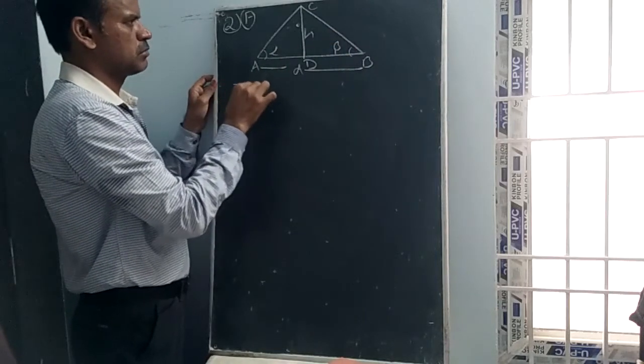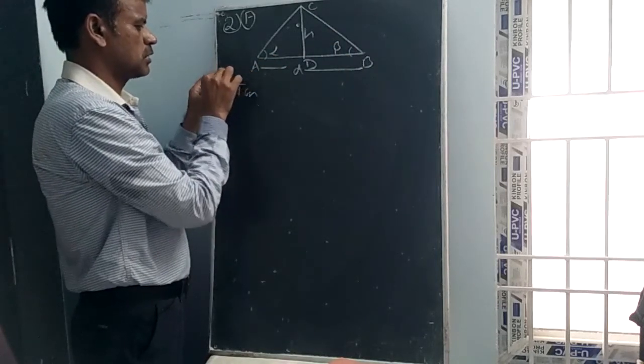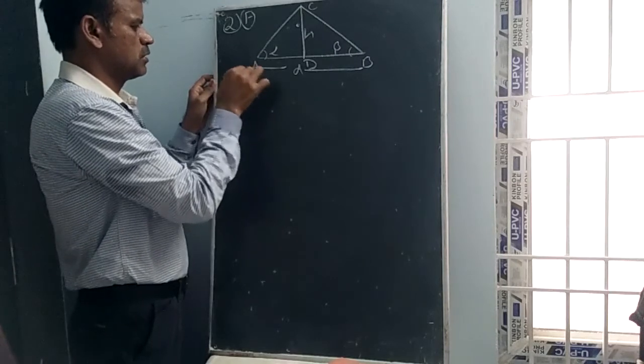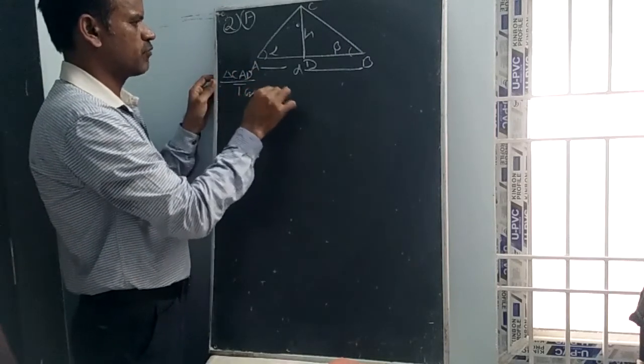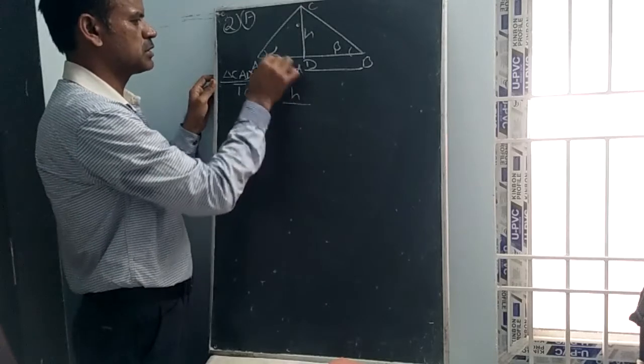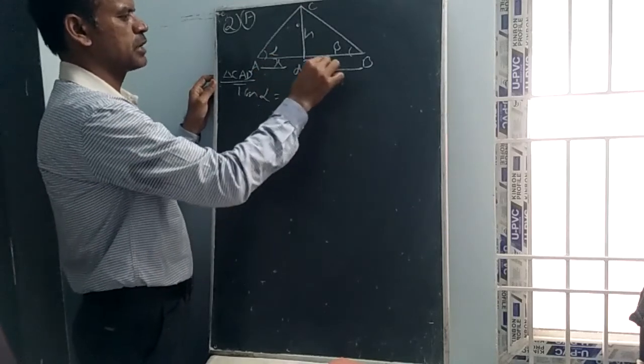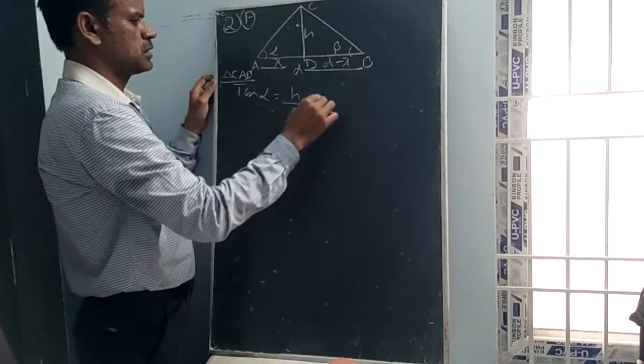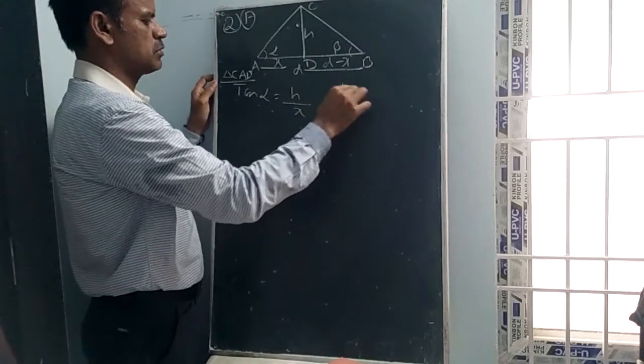In triangle CAD, tan alpha is equal to H by X, let this one be X. Now the other part becomes D minus X. H by X I am writing, so X is equal to H cot alpha.